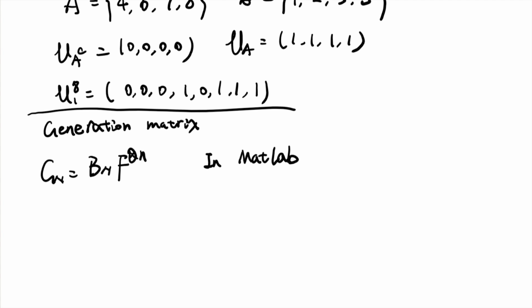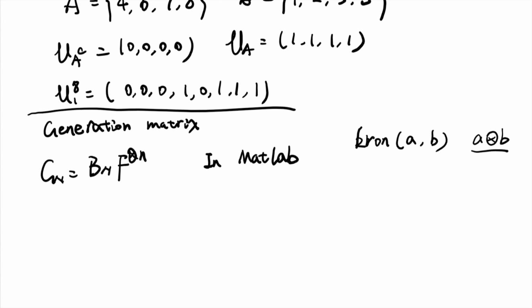In MATLAB, there are two functions we need to use. The first one is we need to calculate the Kronecker product. In MATLAB, we write this as kron(A, B), where A is the first parameter and B is the second parameter, and it will return the Kronecker product.